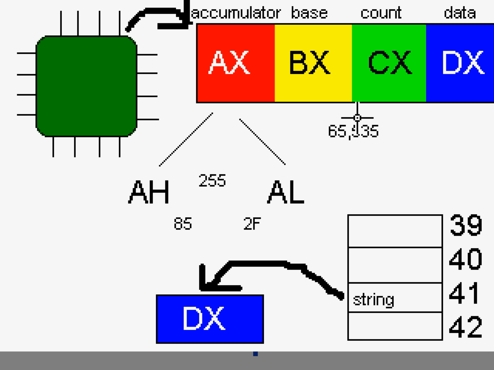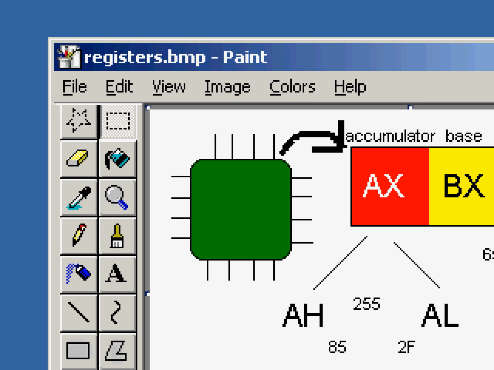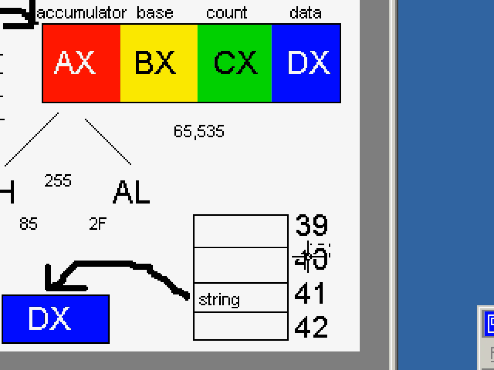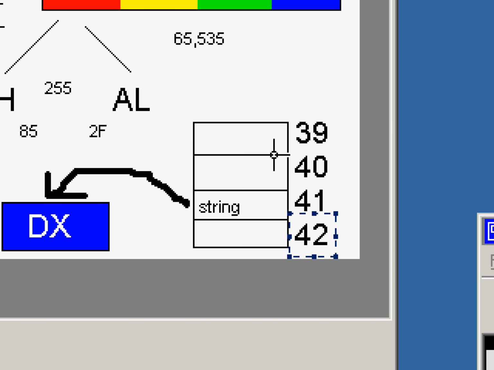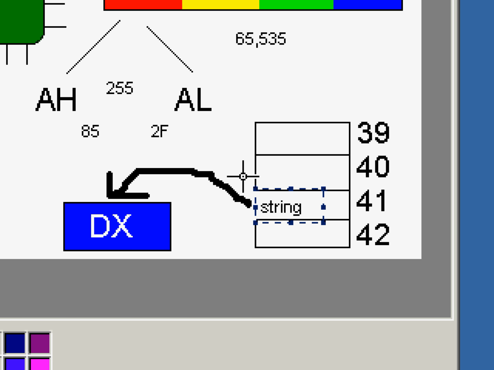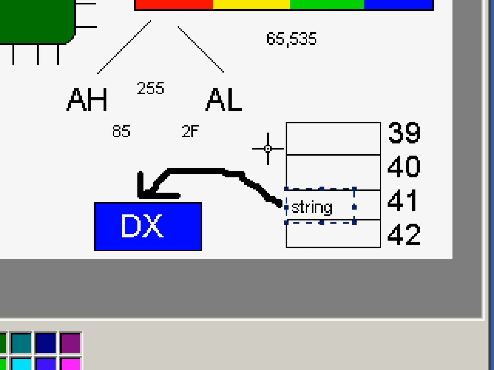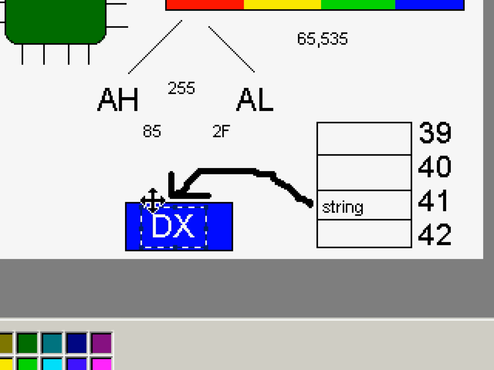And so no matter whether the offset is 39, 40, 41, or 42, all you have to do is type string, and the assembler will automatically keep track of where the offset is and what value needs to be put in place depending on where the string is located in the program, and that offset 41 will go into DX like so.